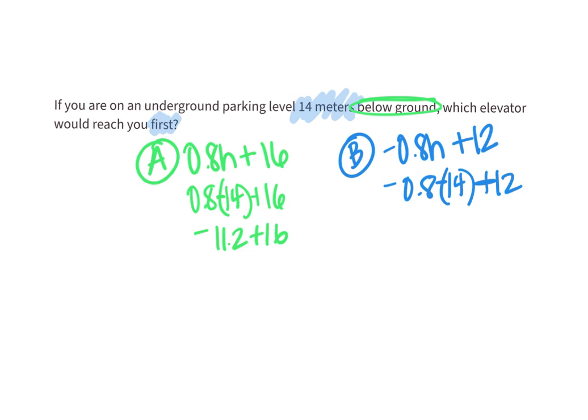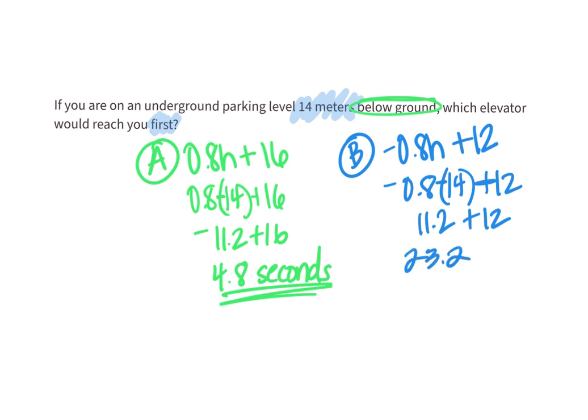Negative 8/10 times negative 14 is a positive 11 and 2/10. So with elevator A, when I add the two, they reach me in 4 8/10 of a second. For elevator B, they're going to reach me in 23.2 seconds.